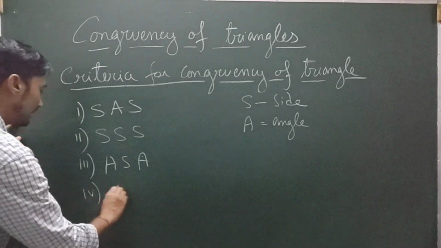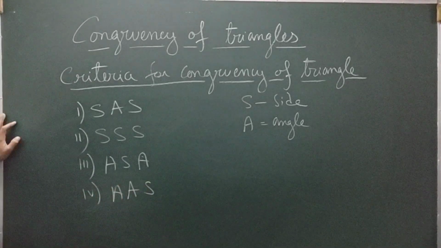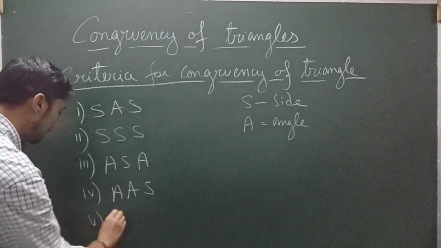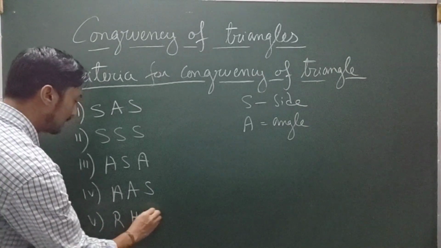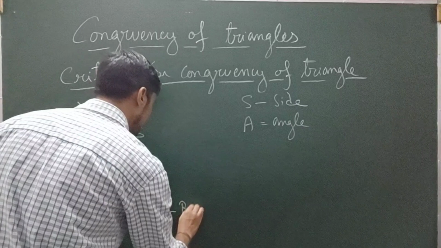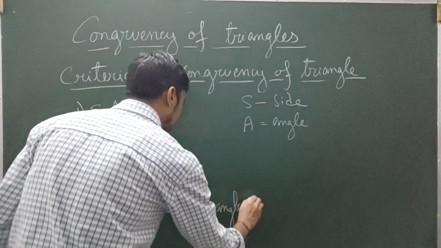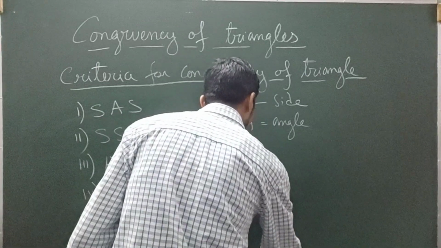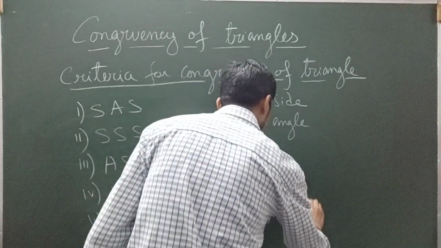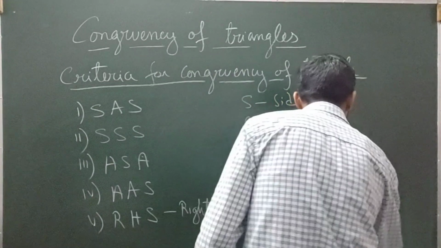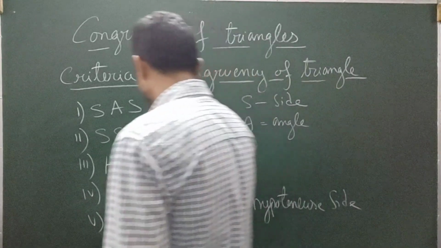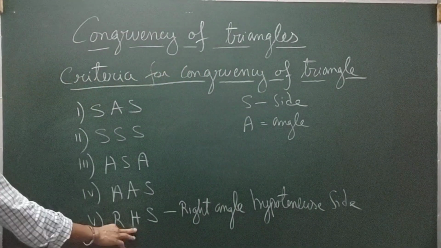The fourth criteria is angle, angle, side. And the last criteria is right angle, hypotenuse, side. This one let me write: RHS, right angle, hypotenuse, side.